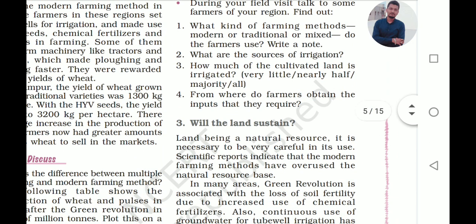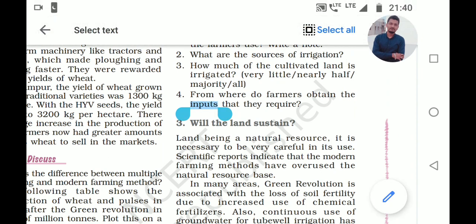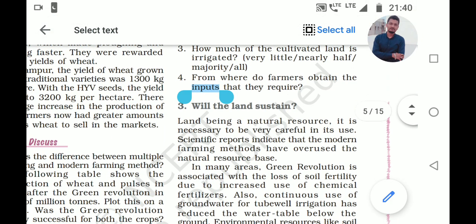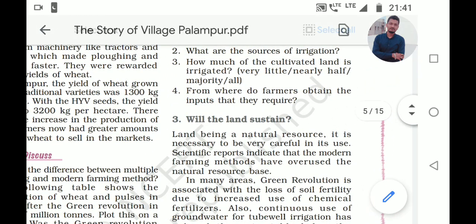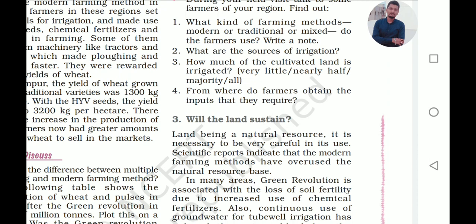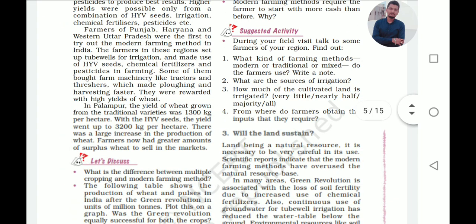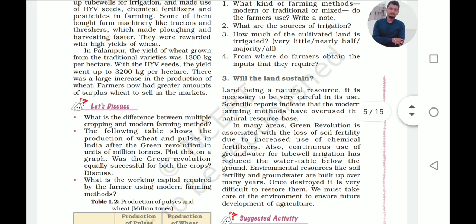And from where do farmers obtain the inputs they require? They will be able to get this from the nearest town, nearest market, Shahpur, nearest village, as well as Raiganj we discussed. So from the nearest town they will get all these things.